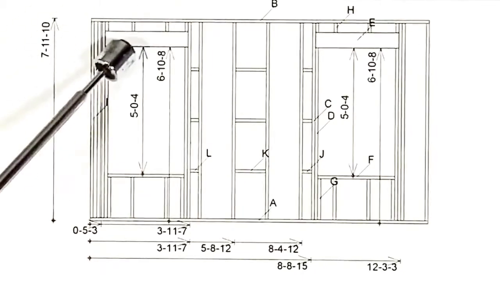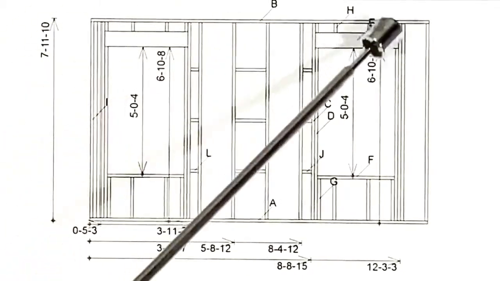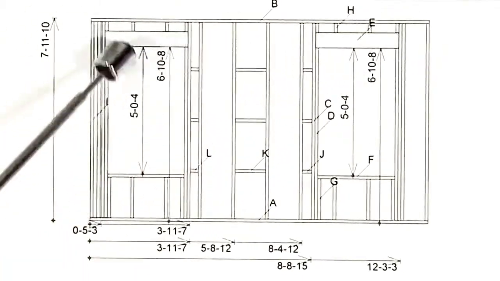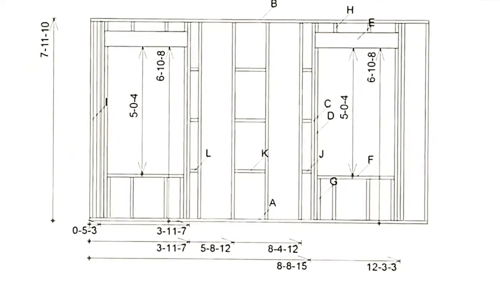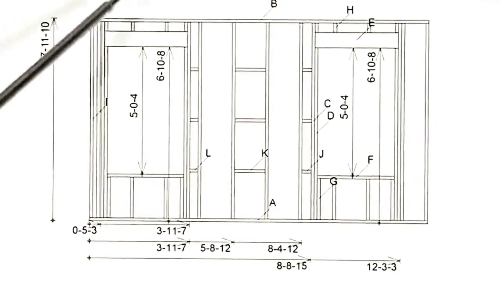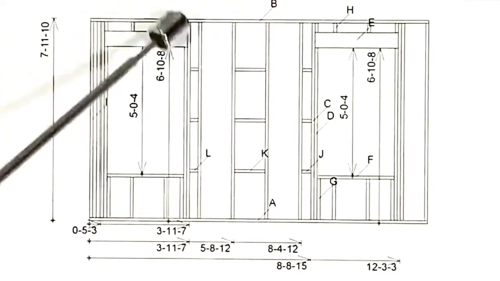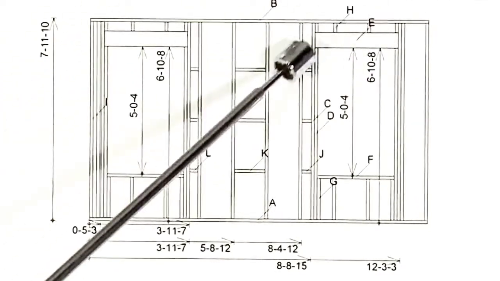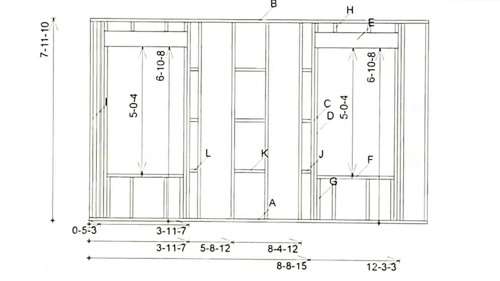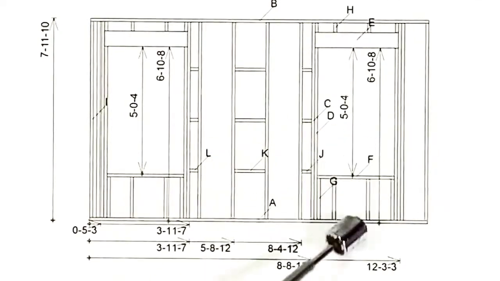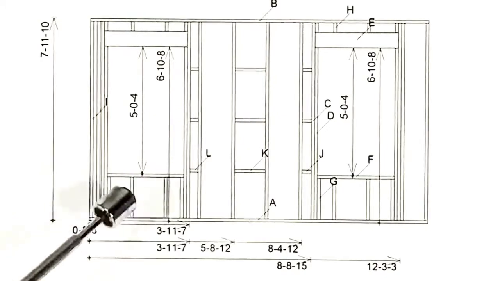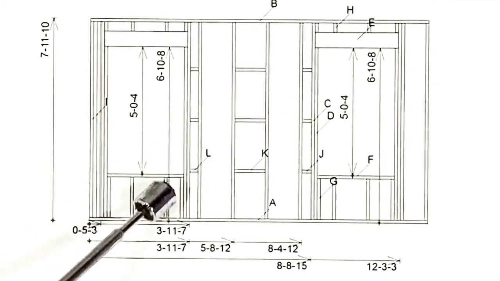Near the top of the wall, you have thick boards which are called headers. These support the top of either a window or a door. On top of the header, you will see small pieces of wood called cripples. You will also see cripples at the bottom of the windows, such as right here and right here.